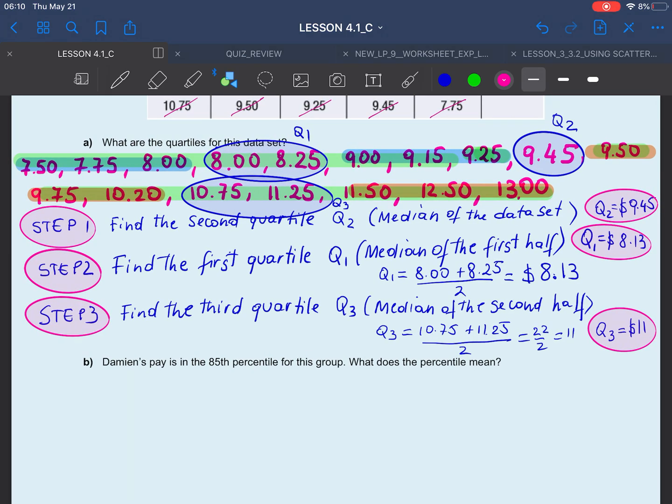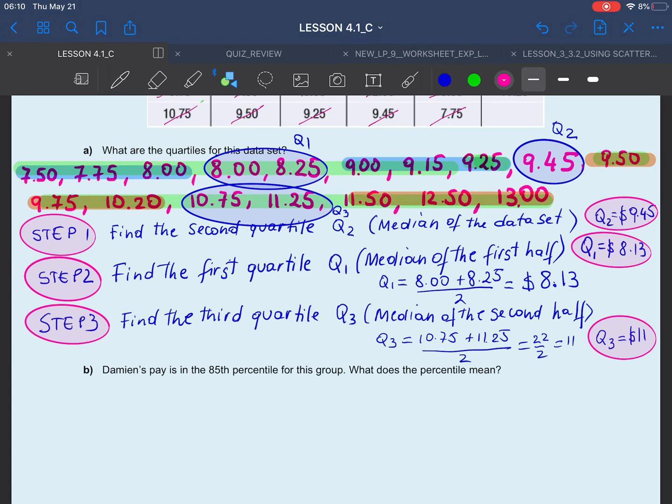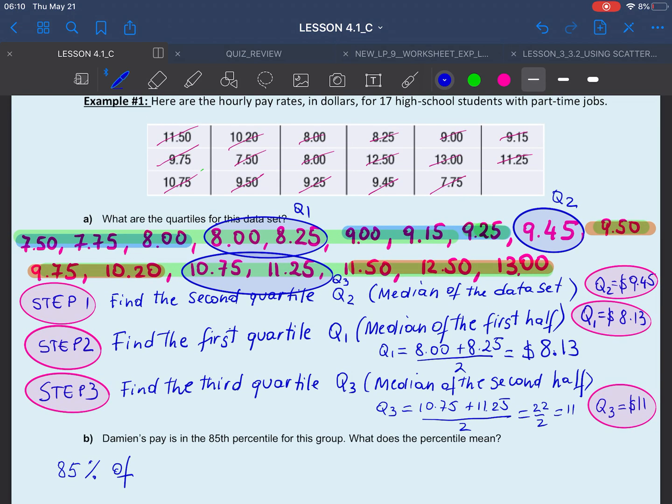Now, in the next question, we're asked to find what the percentile means if we are told that Damien is paid in the 85th percentile of this group. So the 85th percentile means that we need to find out first how many members will be in the first 85%.